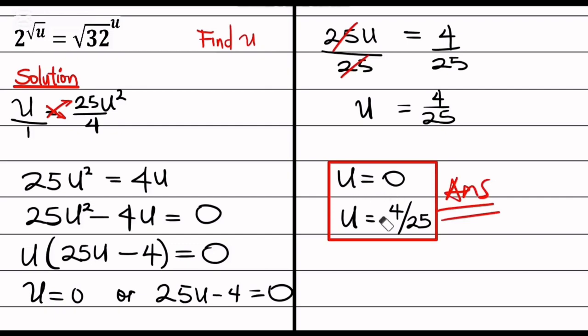And just before we go, we're going to need to confirm if these values are actually correct by substituting the value of u that we get here, that is 0, into the position of u here. Then at the end of the day, we're going to confirm if the left hand side is equal to the right hand side. Then we're going to do the same thing for the second value of u.